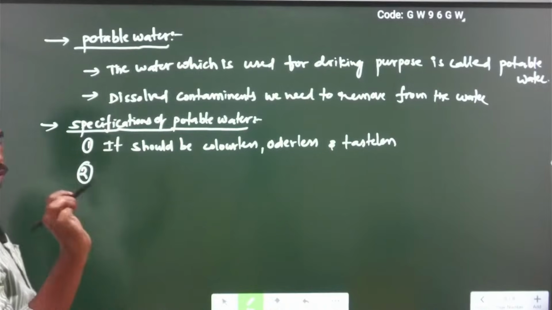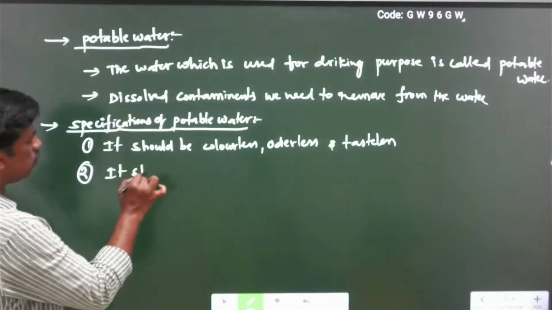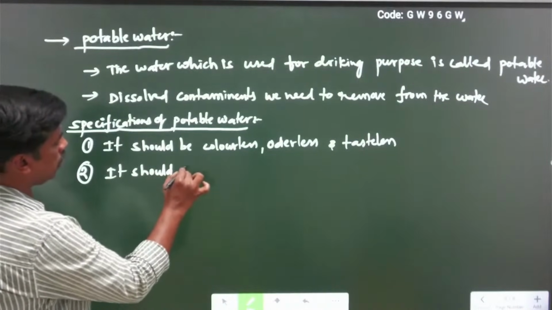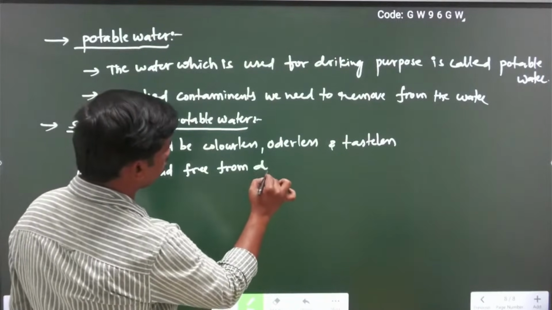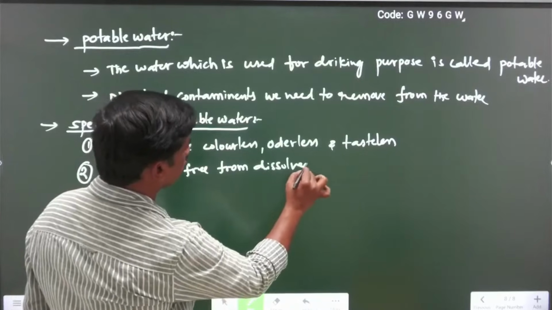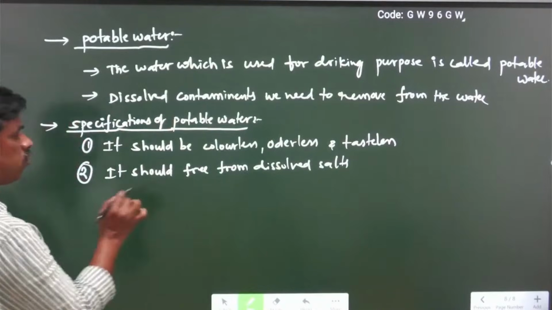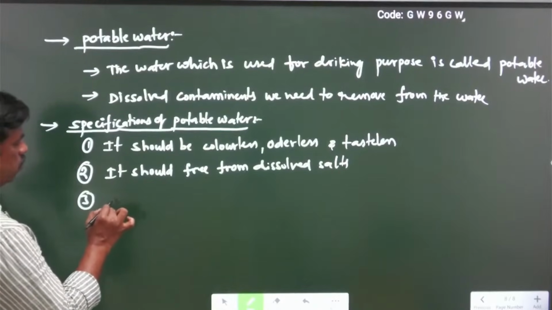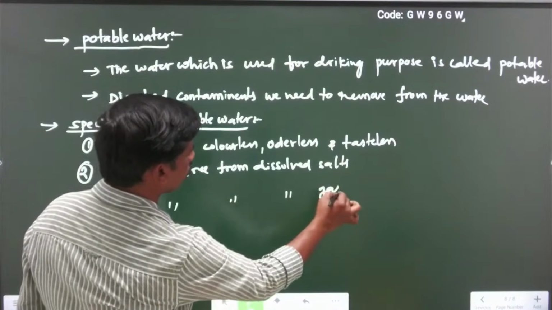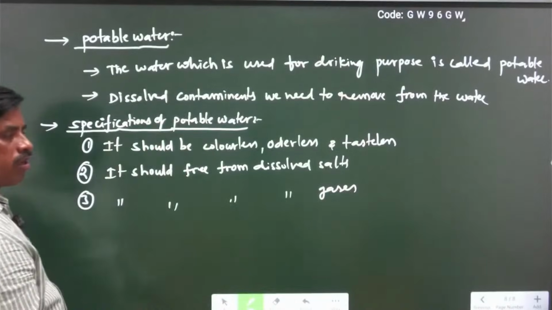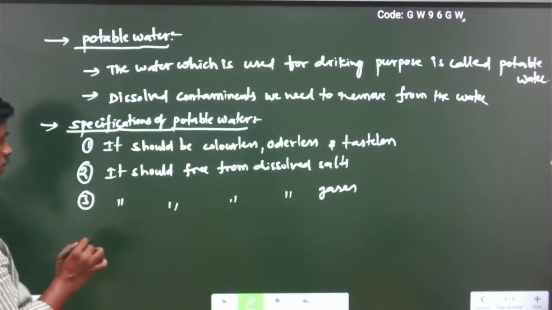Next, it should be free from dissolved contaminants. Compulsorily it should be free from dissolved salts like calcium and magnesium salts. It should be free from dissolved gases like carbon dioxide, carbon monoxide, hydrogen sulfide, etc. Dissolved poisonous gases are also not required.